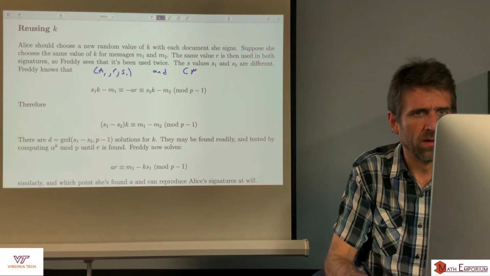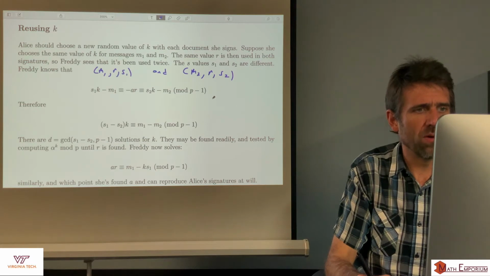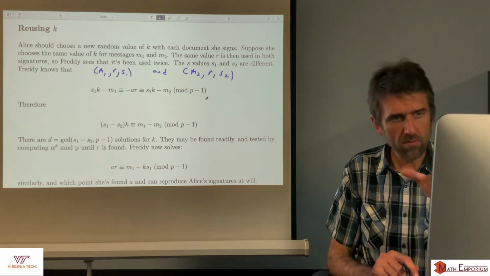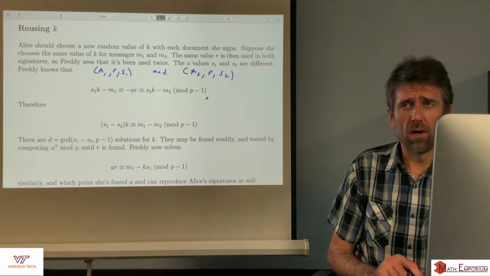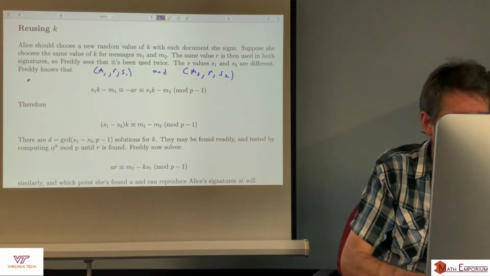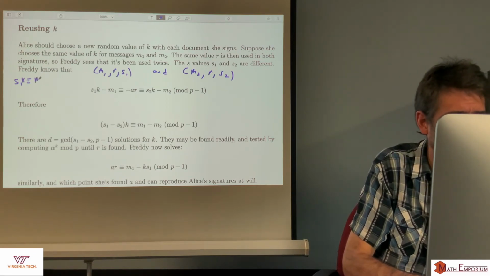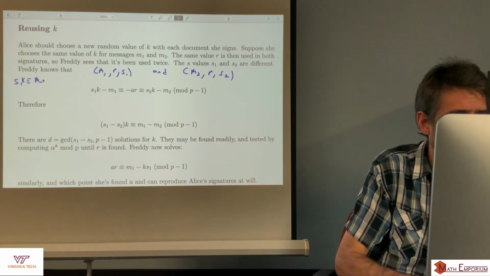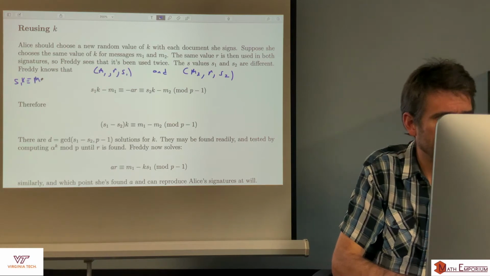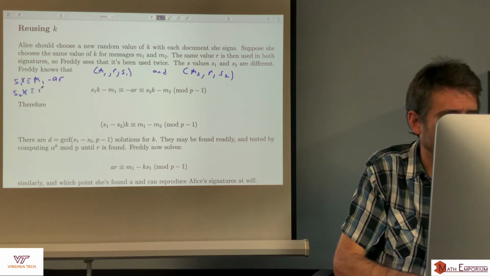M1, r, s1, and M2, r, s2. But then if you look at the congruence that's used for generating s, we're going to have s1 k congruent to M1 minus aR, and s2 k congruent to M2 minus aR.